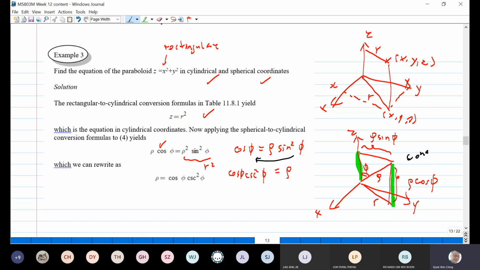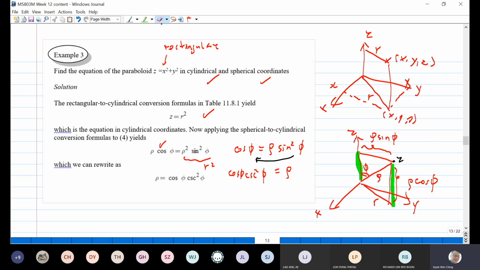The z coordinate is the point here, measured from the xy plane, this z. So what is this z equal to? This is on the cone, so I have a point z here. How do you find z? How far is it above the xy plane? So what is this system here?